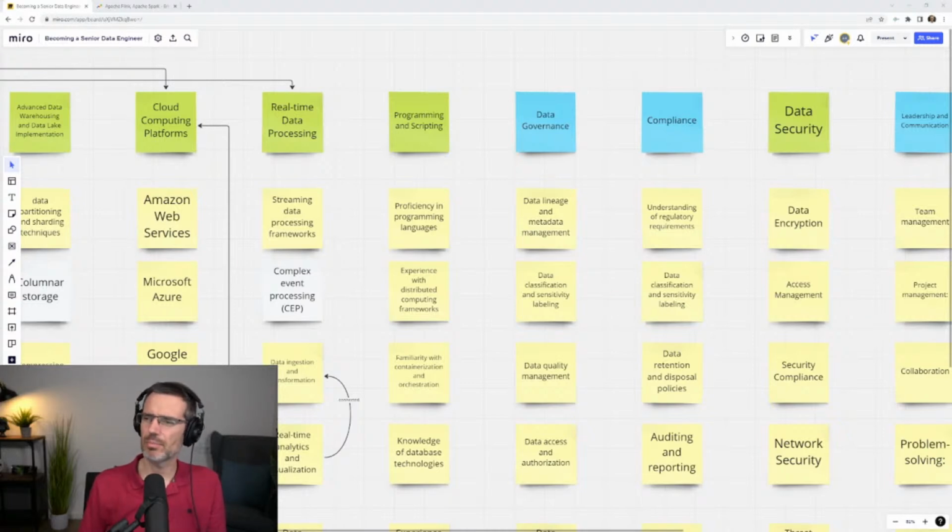Is it a programming language? It's a query language, right? It already says the word: structured query language, SQL, but it falls under this. So Python, maybe Java, SQL. Should be able to write efficient and scalable code. Super, super important.